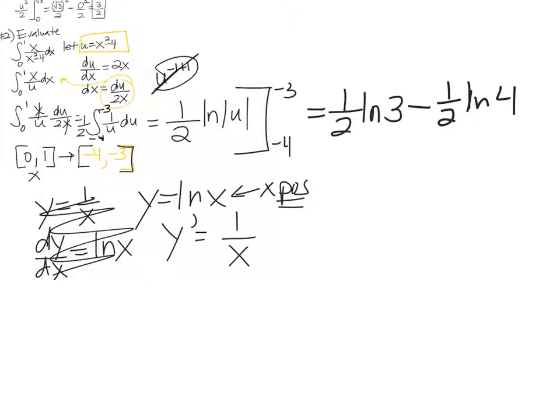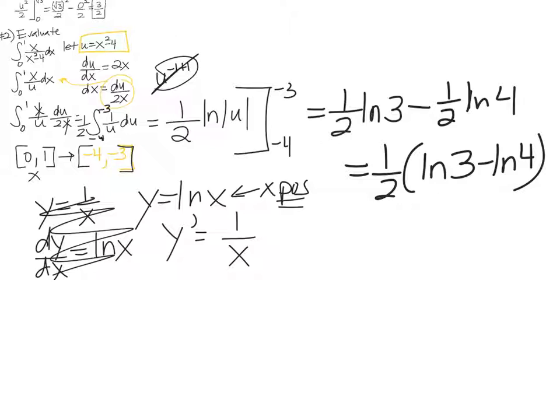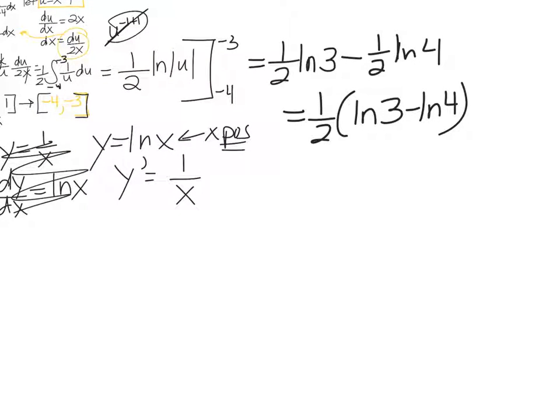Do you remember your log properties? Well, that's division, right? So if you bring the 1/2 out front, it's the natural log of 3 minus the natural log of 4. And if we write that all as one natural log, it would be the natural log of 3/4. And that would be fine for me.